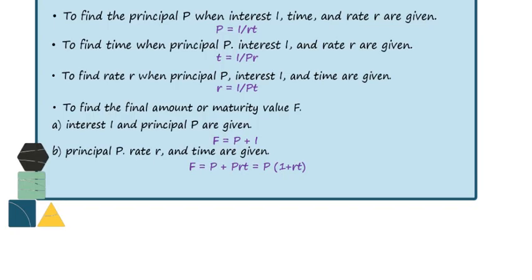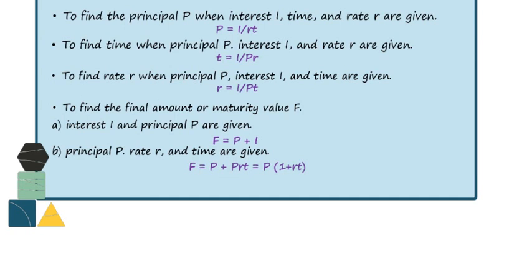But aside from that, if we are given our principal, rate, and time, we could also make use of these alternative formula. But these alternative formula, as you can see, is just coming from our formula, which is F is equal to P plus I. In-expand lang natin siya.